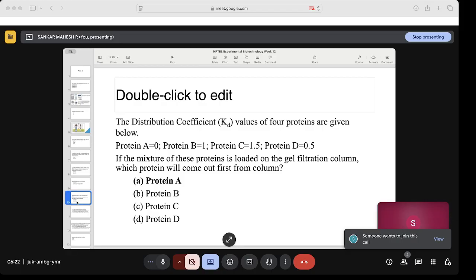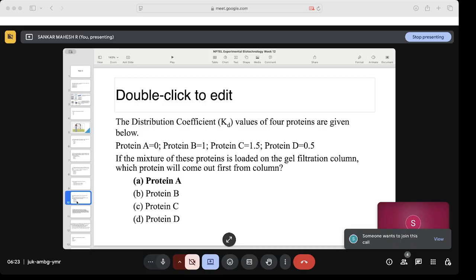If the KD is zero, the particles are too large, so it doesn't get inside the bead, so it elutes first. If it is greater than zero, then it may enter into the beads and elute later, depending upon the size.